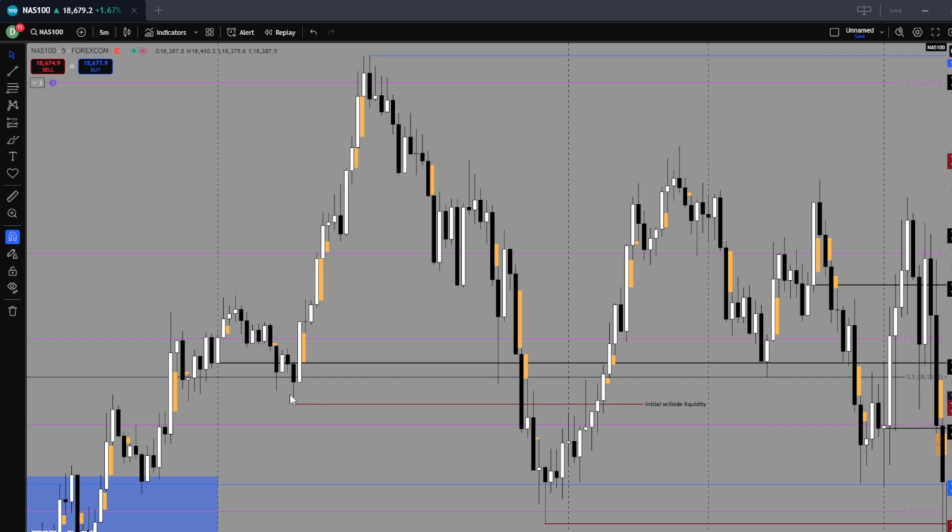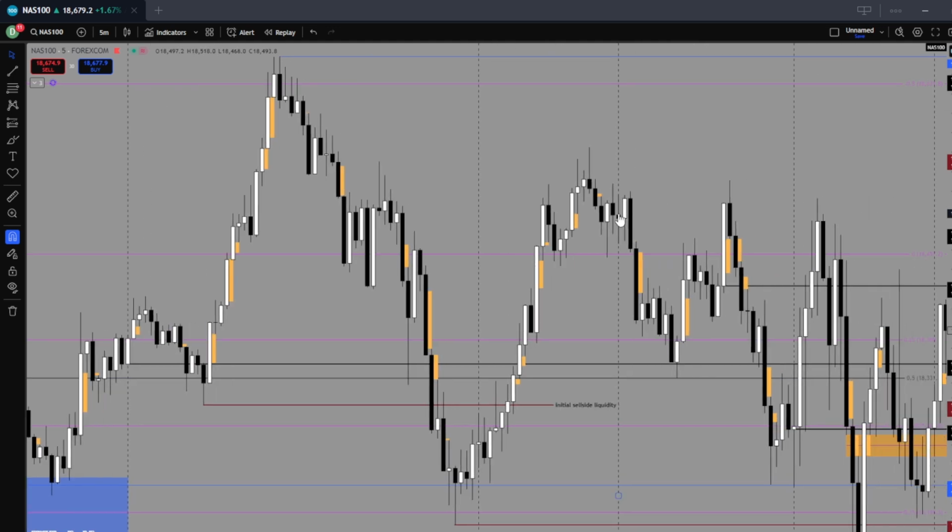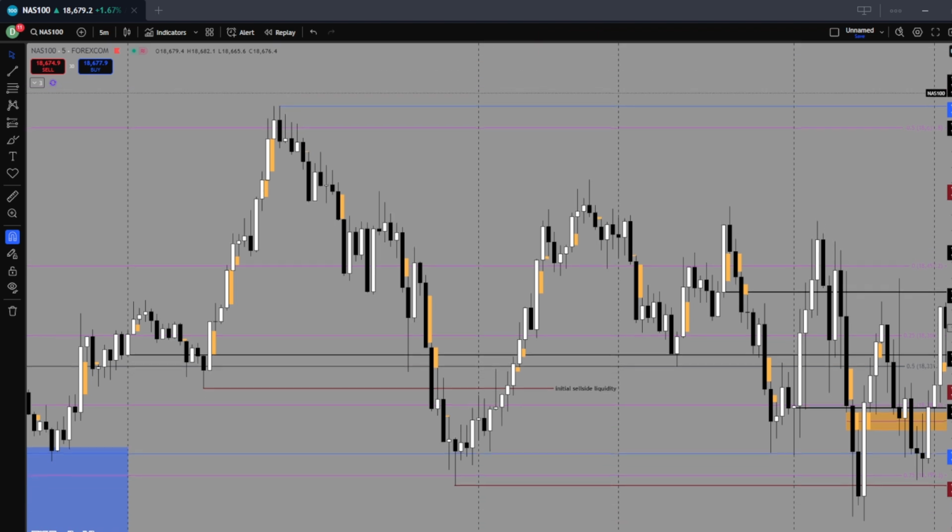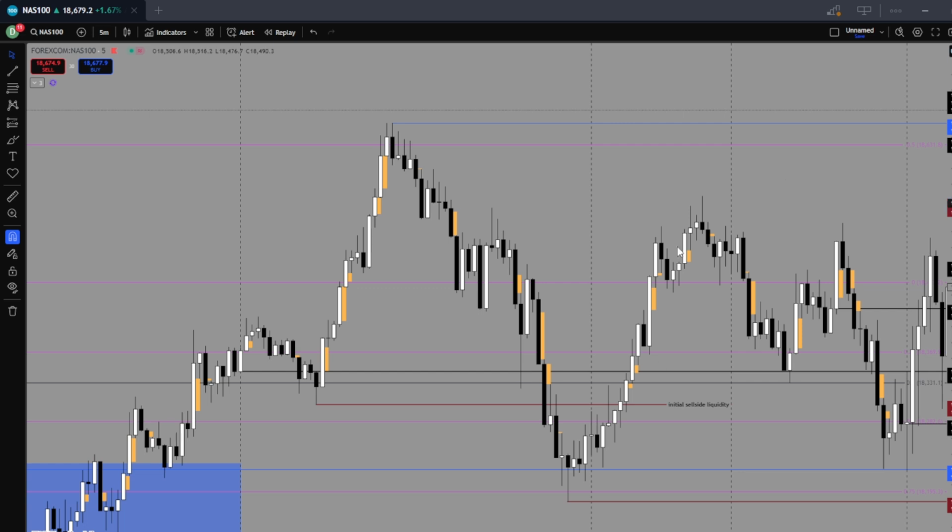It took out the sell stops, and 5 to 7 is the London lunch. So after taking out the sell stops first, it went higher between 5 a.m. and 7 a.m., because at 7 the New York session starts. From 7 till 11:30 it's the New York morning session.